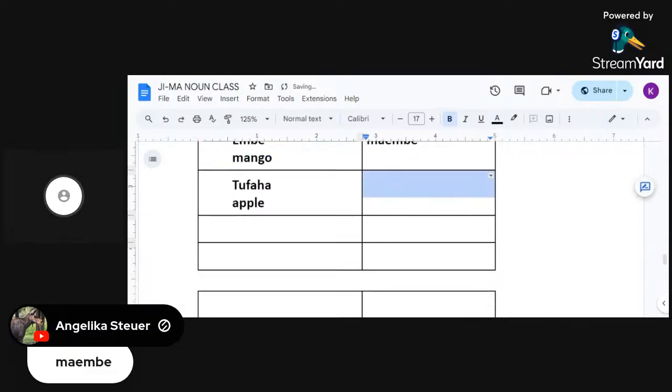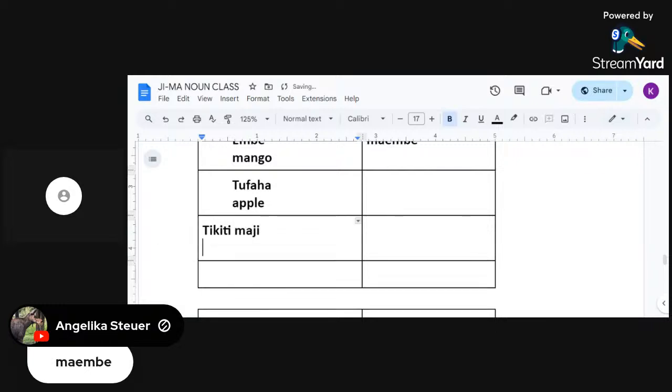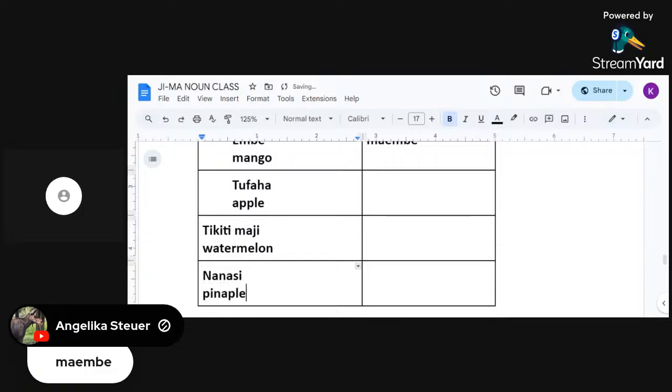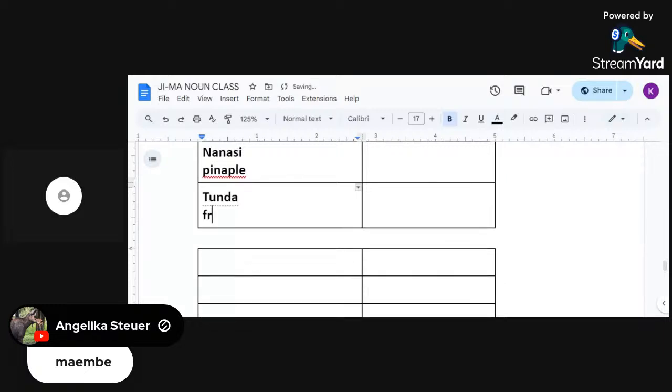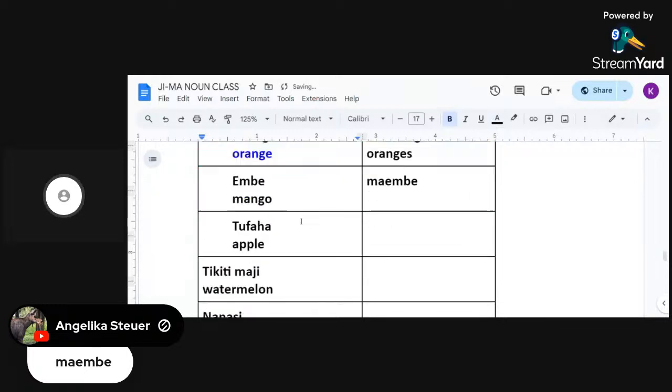Tufaha. Tufaha is an apple. What is the plural for tufaha? Okay, let's see.